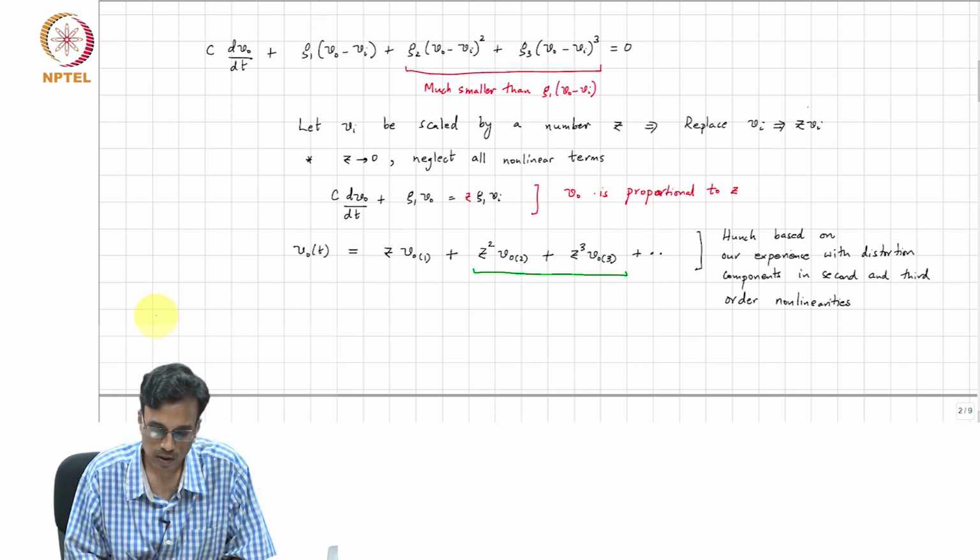So, C times, I am going to use the notation V dot to denote the derivative.